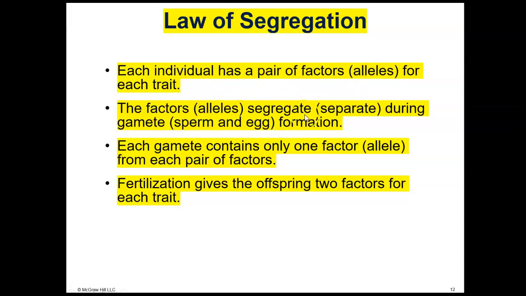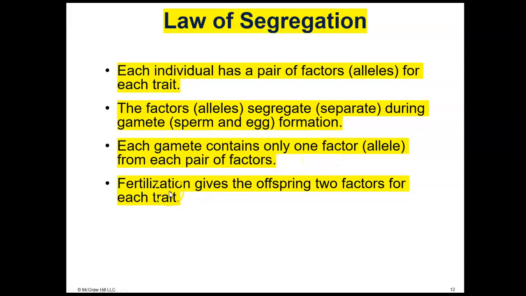The alleles will segregate during gamete formation. So when the sperm and the egg form, those alleles separate from each other. Some of the sperm get one of the alleles, and some of the sperm get the other allele. Same thing with the eggs. Each gamete, egg or sperm, contains only one allele from each pair of factors.